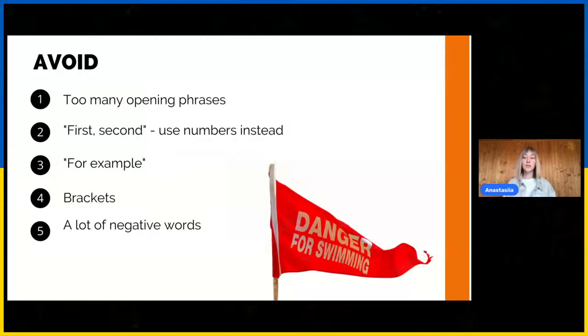As for brackets, it's also a tricky thing. Sometimes we think, okay, I am writing my thought here, and I will clarify what I mean by putting some information into the brackets. Our brain works in the other way. If we see the brackets, automatically our brain analyzes it and concludes that this is unnecessary information.